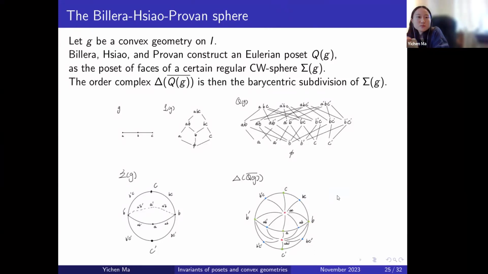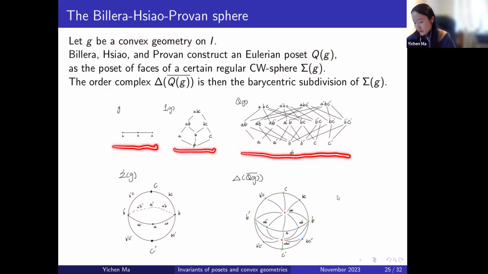To do this, we use a colored simplicial sphere structure introduced by Billera, Hsiao, and Provan. We use G as a convex geometry on I, and then by these 3 authors, we can construct an Eulerian poset. Here, this is our example of G. This is the lattice, and then this is our Eulerian poset. Actually, I did not include the maximal element in this poset, since mainly we care about what's happening in the middle.